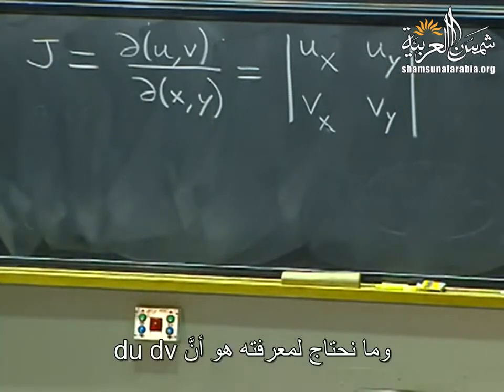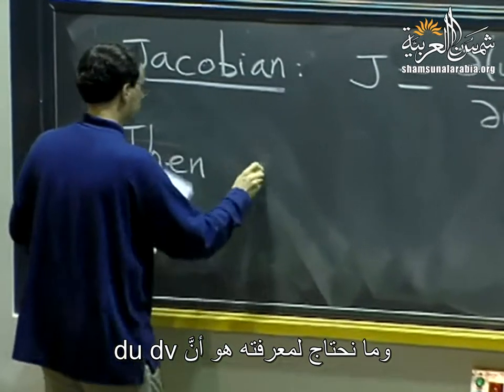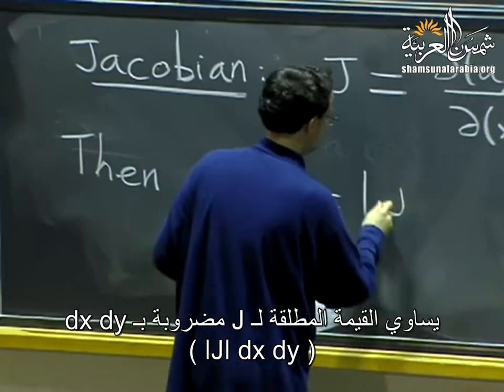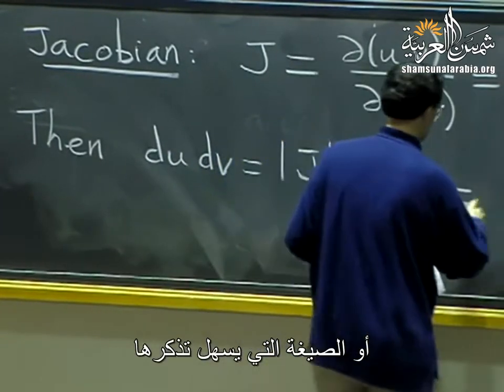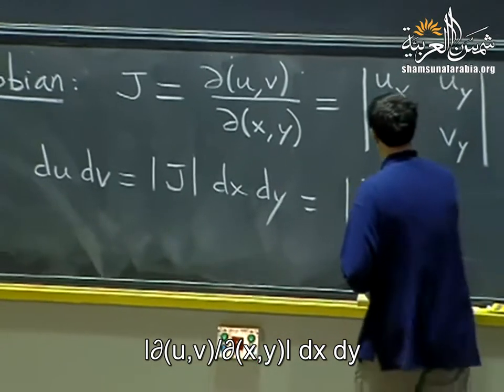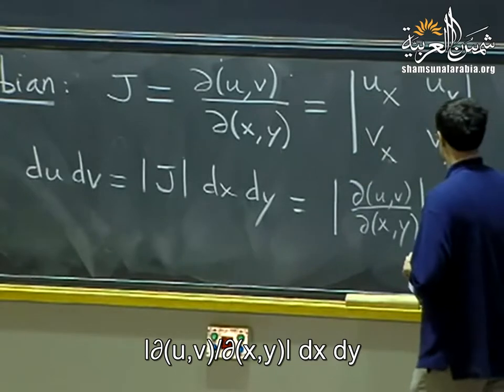Okay, and what we need to know is that du dv is equal to the absolute value of J dx dy. Or if you prefer the easier to remember version, it's the absolute value of partial (u,v) over partial (x,y), times dx dy.